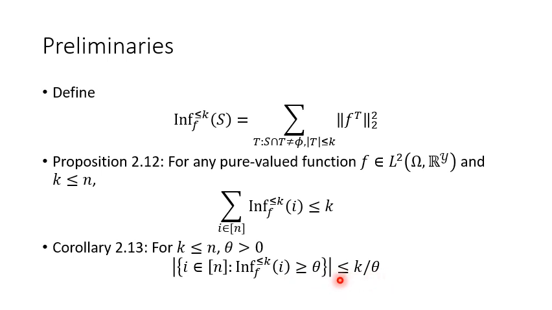That is because otherwise, the sum of individual low-order influences must be bigger than k, because we have at least k over theta individual influences of over theta, so this sum will surely be bigger than theta multiplied by k over theta, which is bigger than k, and that contradicts this proposition. And so basically that proves that this corollary is true, because otherwise this influence will be bigger than k.